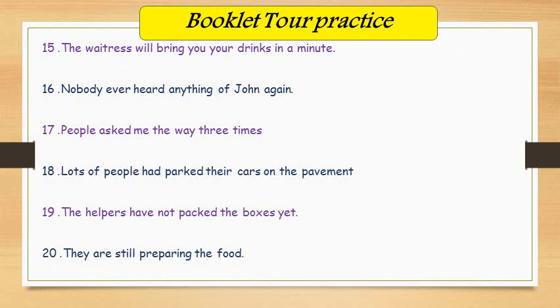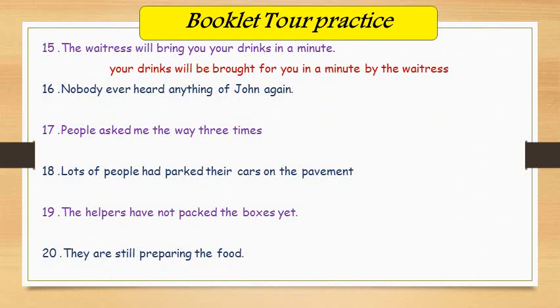The waitress will bring you your drinks in a minute. Take the direct object, the first object. So you. In the future I have will, then be, then the past participle. Try to think. So what's the answer? Excellent.